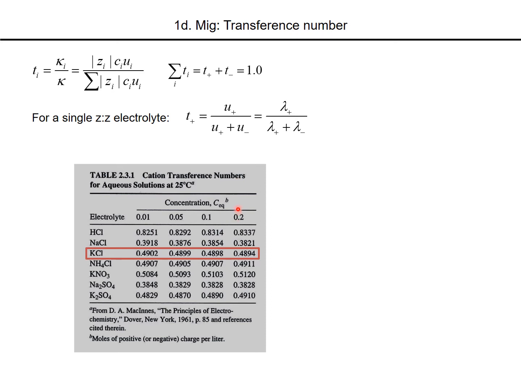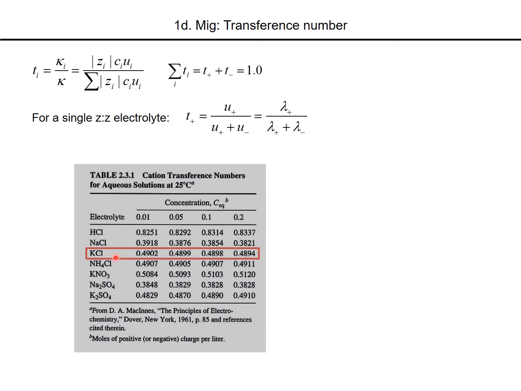Here is the table about the cation transference number. For example, HCl. As you know, the mobility of proton is much higher than the chloride minus. So the transference number of HCl would be larger than 0.5. The really measured value is about 0.8 or more. Then let me focus on KCl.